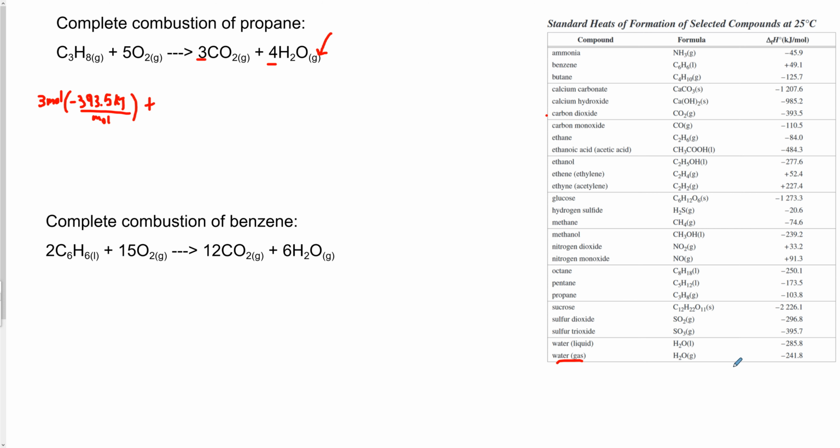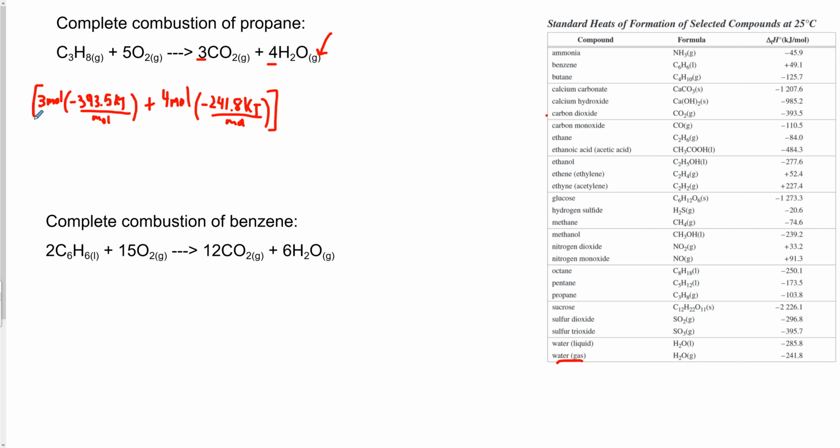So we have 4 mole, and the cost of 1 mole of water as a gas is minus 241.8 kilojoules per mole. So minus 241.8 kJ per mole. And there are my products.